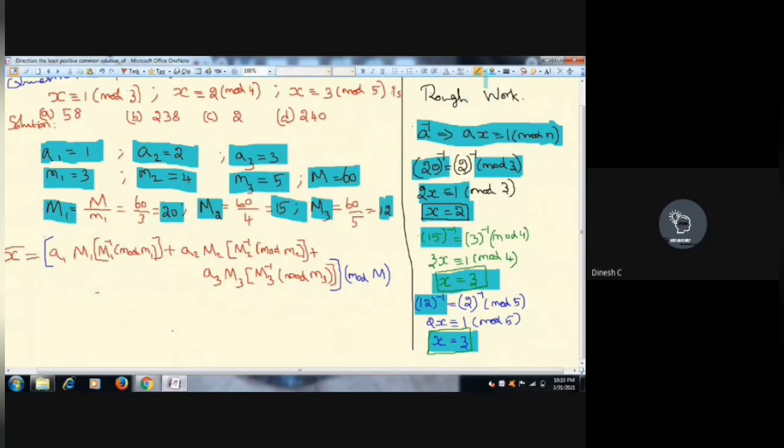Now substitute all these values in the unique solution x bar.